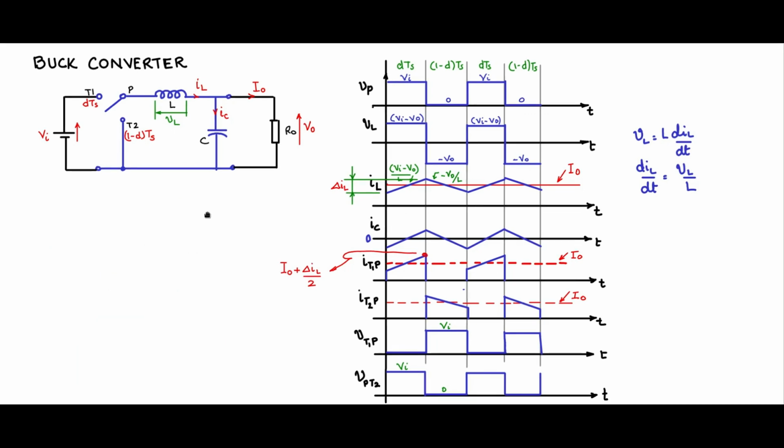Let us now obtain the capacitor design equation. So capacitor C. So the capacitor current is the important waveform parameter that we have to look at. Just like in the case of the inductor design, we looked at the voltage across the inductor, here we will look at the capacitor current.